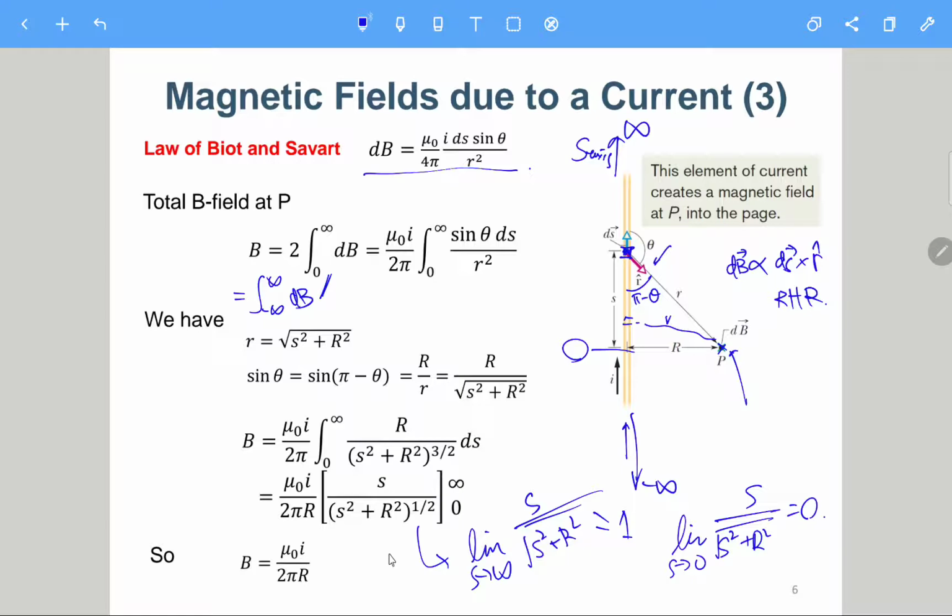Of course, if you need to get this integration, you need to make some u substitution, like you need to define s equals r tangent theta. You need to do this kind of substitution, then finally you can come up with this antiderivative.